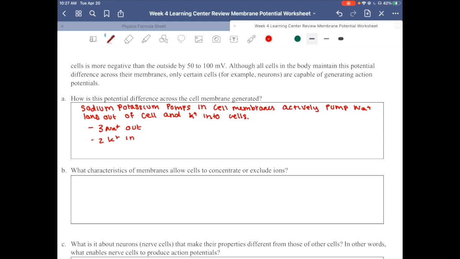So it's going to result in a more negative charge inside the cell. And that's what gives us the negative 70 millivolts. If we were to actually measure that difference, it would be negative 70 millivolts or around there.